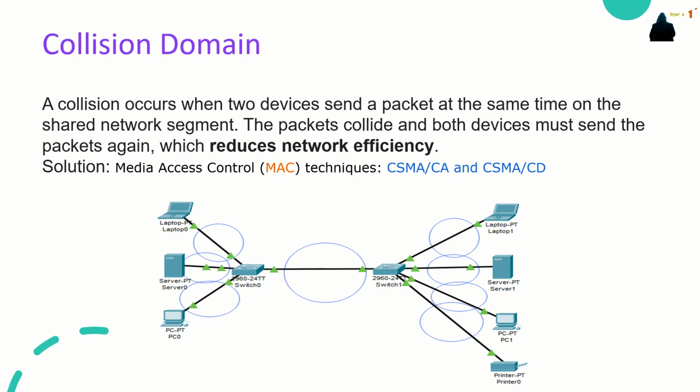Another thing that we have, and another term, is collision domain. A collision occurs when two devices send a packet at the same time on the shared network segment. The packets collide and both devices must send the packets again, which reduces network efficiency.